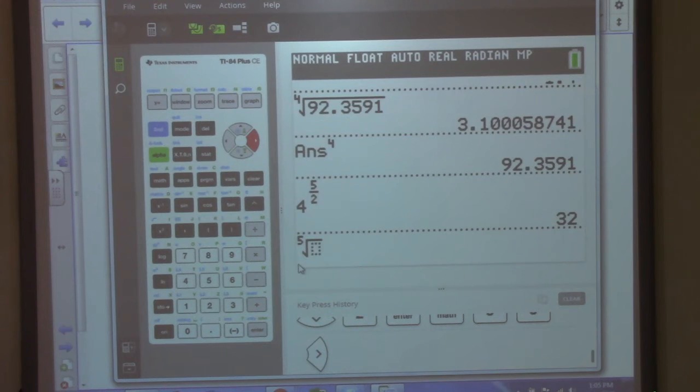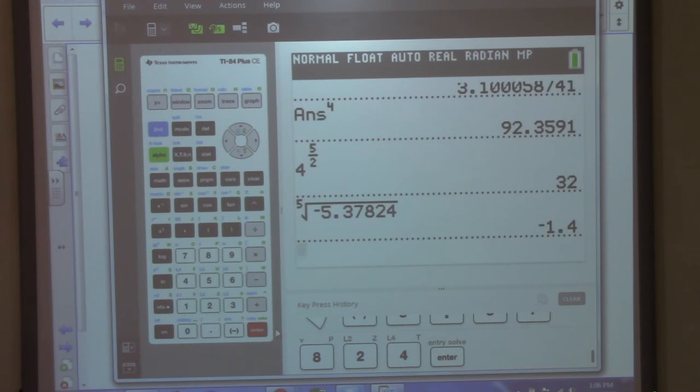And then here we're going to put in negative 5.37824. Can we tell you the answer that we get? So we get that, okay?